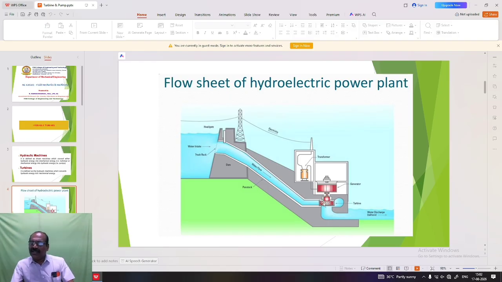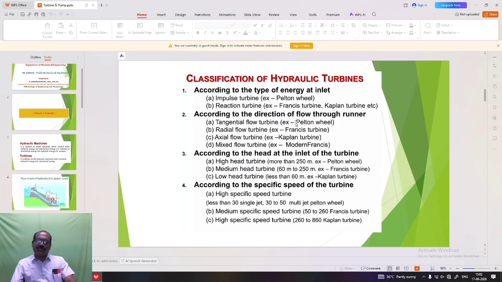Because of the energy possessed by the water, the hydraulic energy is converted into mechanical energy. That means in the shaft we have power. That power is transferred to the generator, which is coupled to the turbine, and thus we produce electricity.